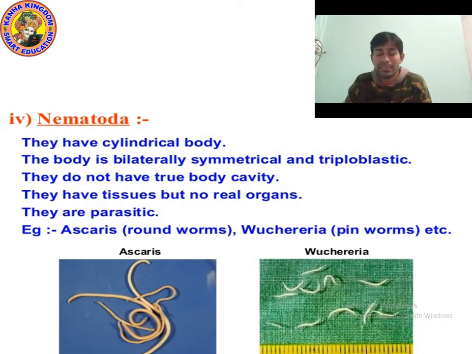One more point, their body is divided. If you see an earthworm, you will see some lines on the body. So we can say their body is divided. They have linear lines. The correct word is segmentation, so their body is segmented into different parts.